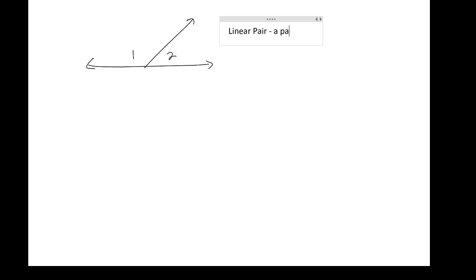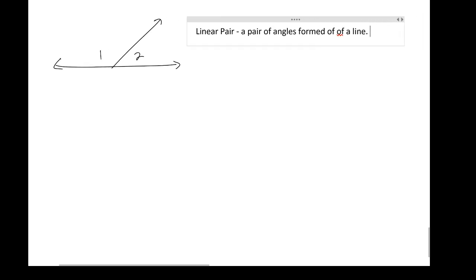This is a pair of angles formed off of a line pair. Okay, these angles are both supplementary and adjacent. 1 and 2 are a linear pair.